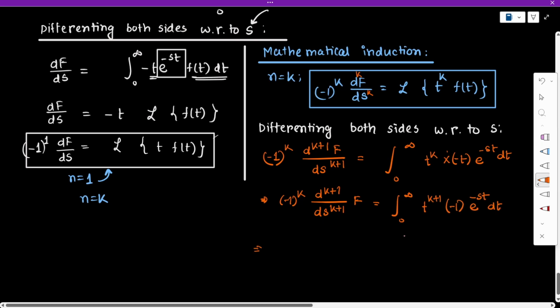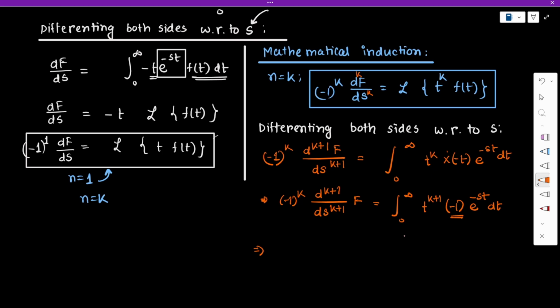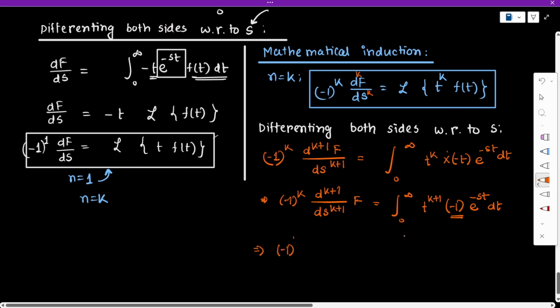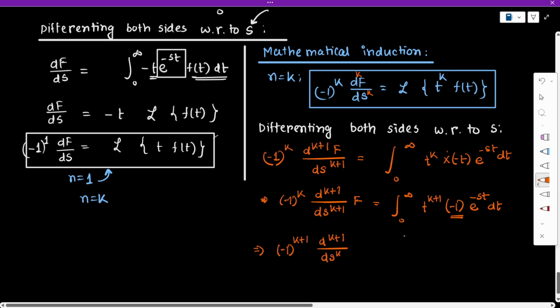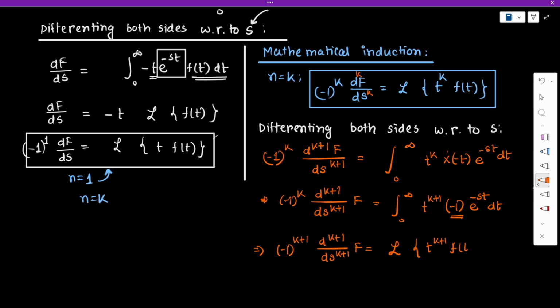So if we take this negative 1 over there, multiplying both sides by negative 1, then we get negative 1 to the power k+1, and the (k+1)th derivative of f is equal to the integral from 0 to infinity. We can easily write it as the Laplace transform of t^(k+1) f(t), right?